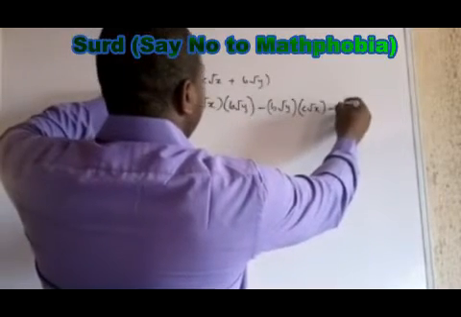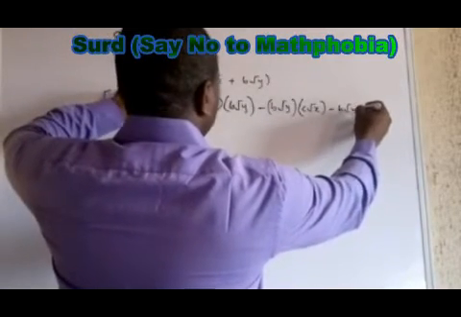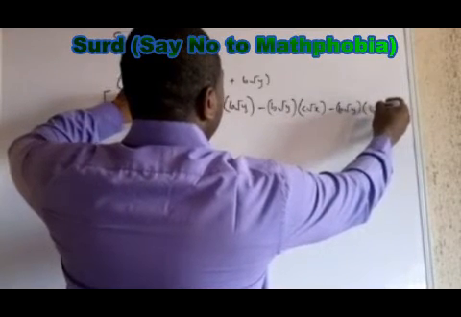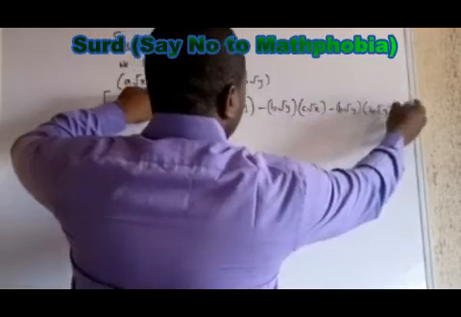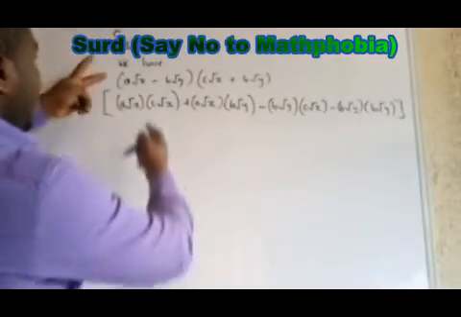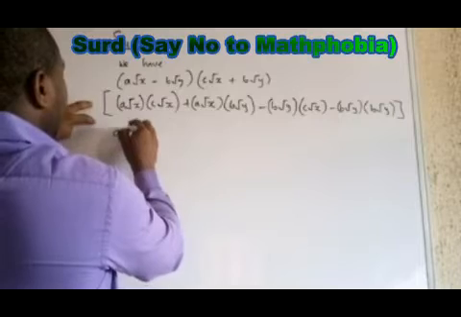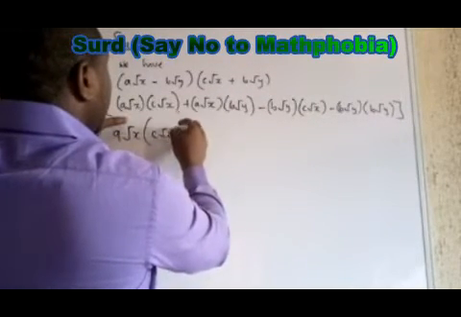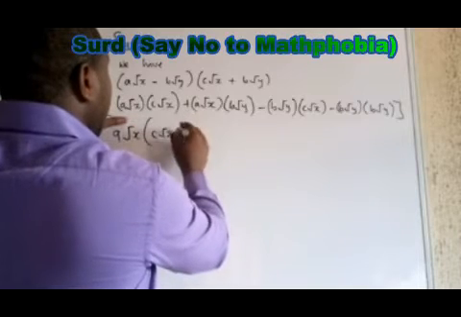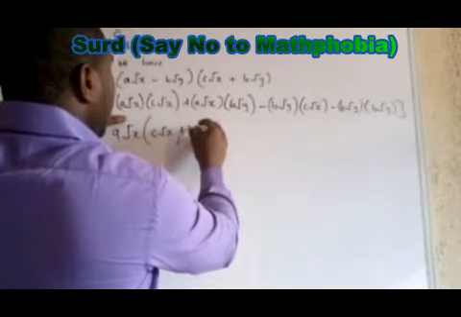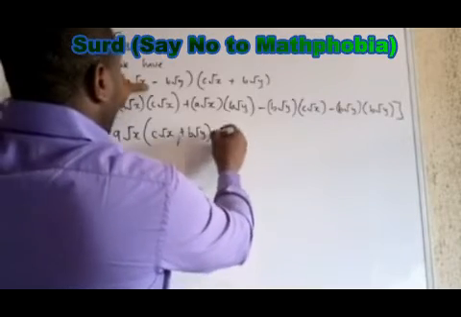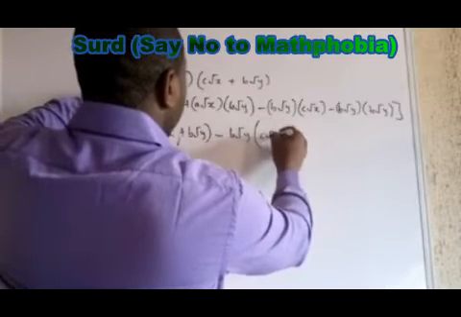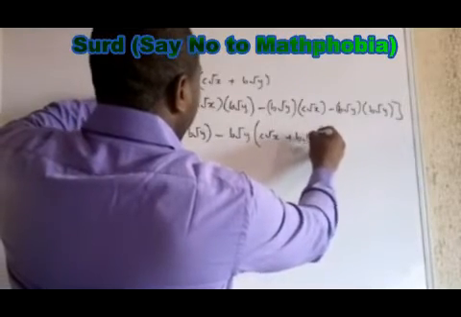Similarly, you have minus b root y multiplying b root y. Or you can do it this way. This one multiplying all this, c root x plus b root y, and then you have minus b root y into c root x plus b root y.